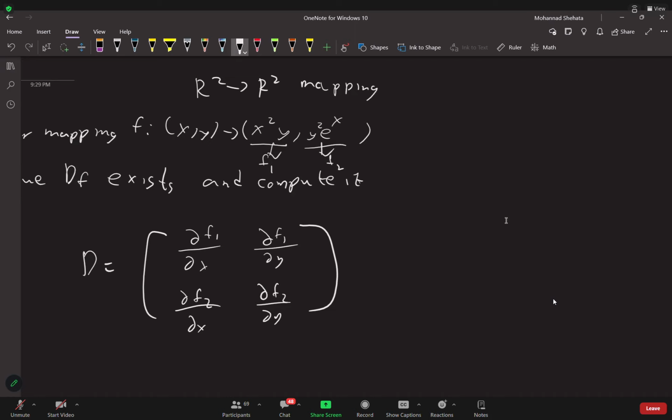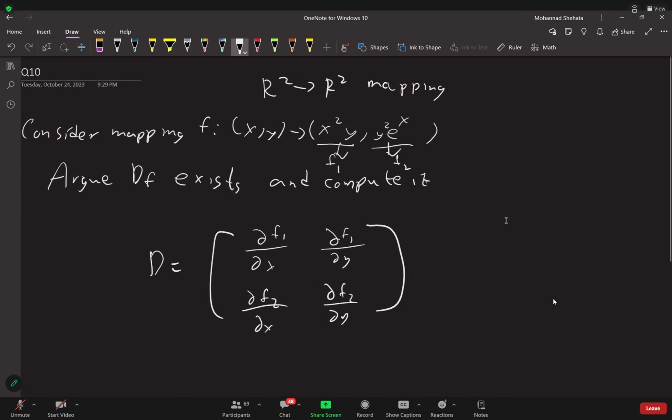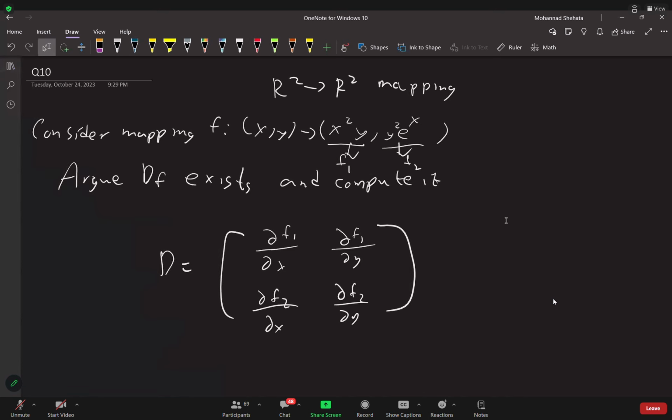Now, how do I argue the total derivative exists? You can do it using the limit, obviously, but that wouldn't be too good because it would take you a lot of time. You're given some major theorems. So what I would suggest is to use the major theorems to justify that the total derivative exists here. Which major theorem do you use? And which hypotheses do you have to check?